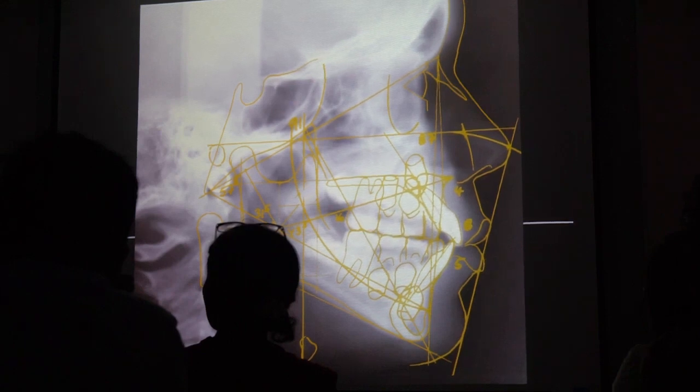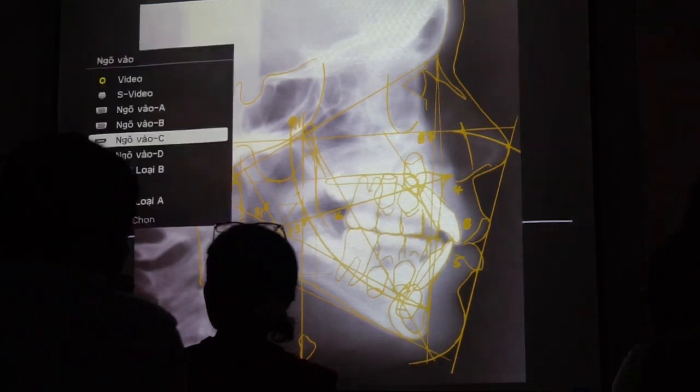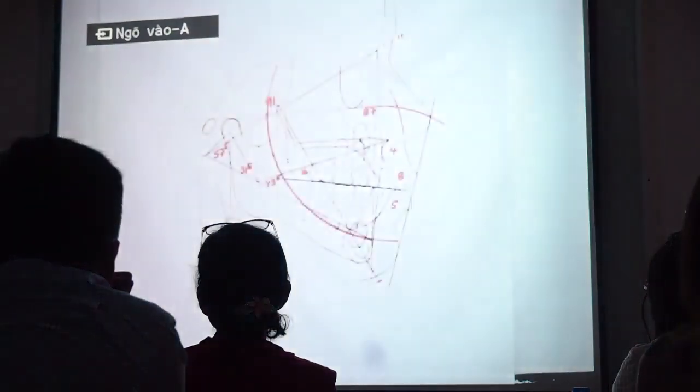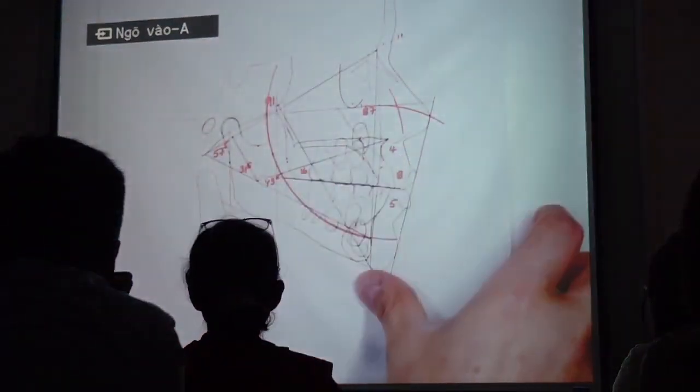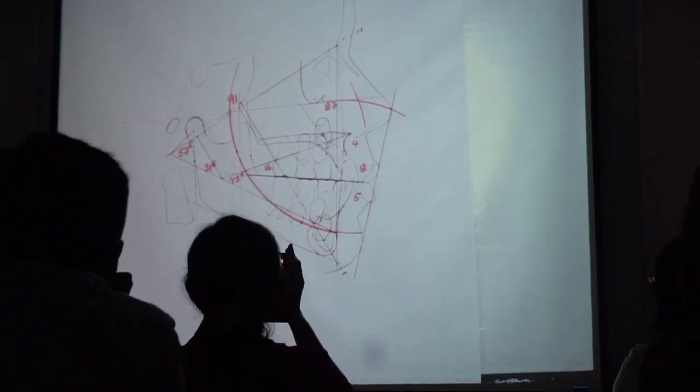Okay, now I will switch to the cephalometry of this patient. Sẽ chuyển qua cái cephalometry của bệnh nhân này. Okay, this is the case when he was 7.5 age.